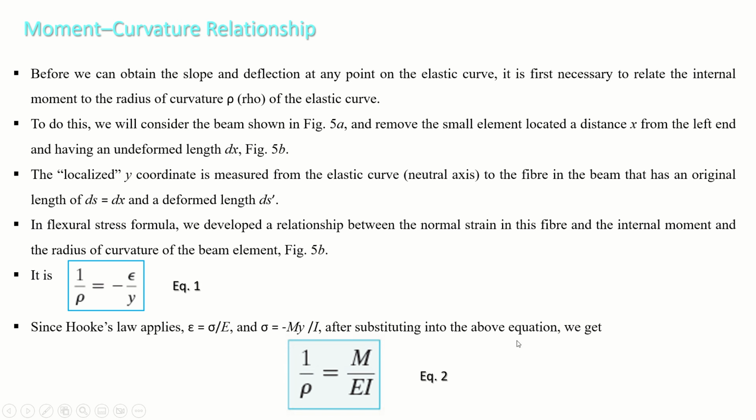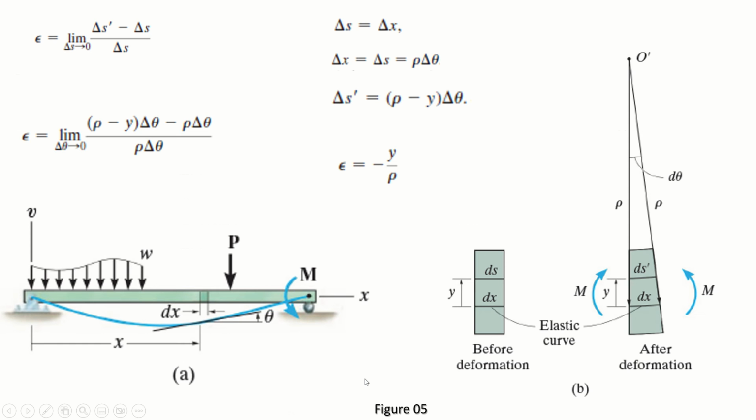After substituting the values of epsilon into the above equation, 1 by rho will be equal to sigma by Ey, and when you put the value of sigma, it will be equal to My divided by EIy. So y will get cancelled with this y, and we will be left with M over EI. So this is another important equation, equation 2. So 1 by rho is equal to M by EI.